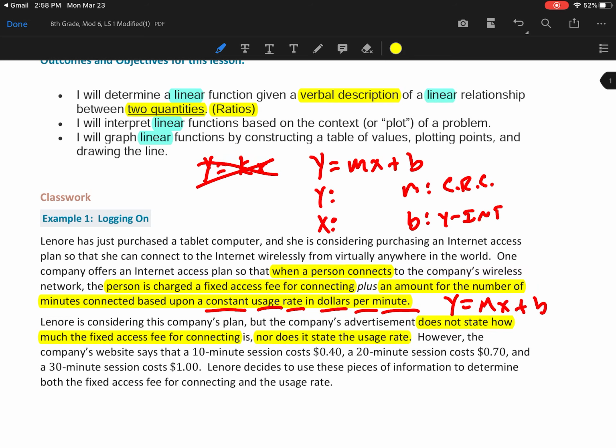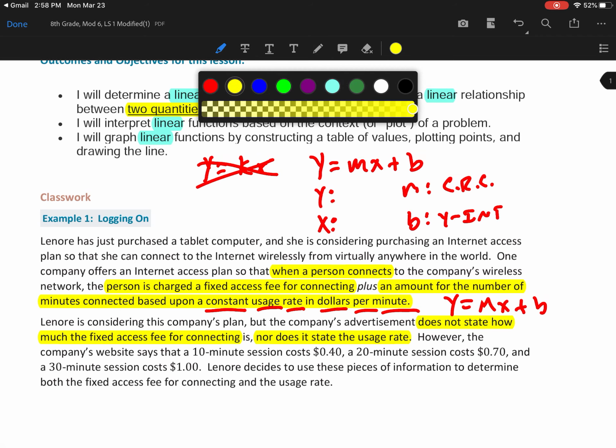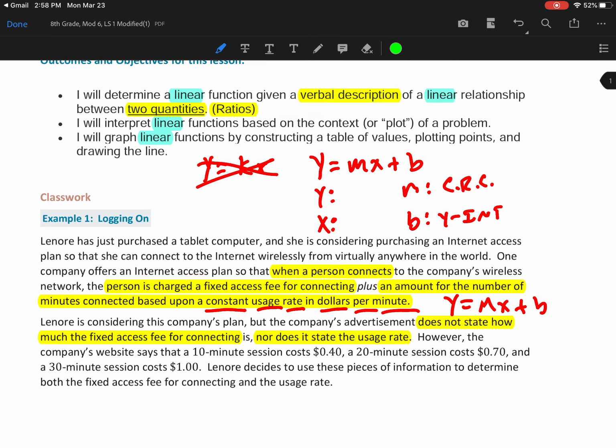However, the company's website says that a 10-minute session costs 40 cents, a 20-minute session costs 70 cents, and a 30-minute session costs $1 or 100 cents. Lenore decides to use these pieces of information to determine both the fixed access fee for connecting and the usage rate. Okay? I really want to examine these.